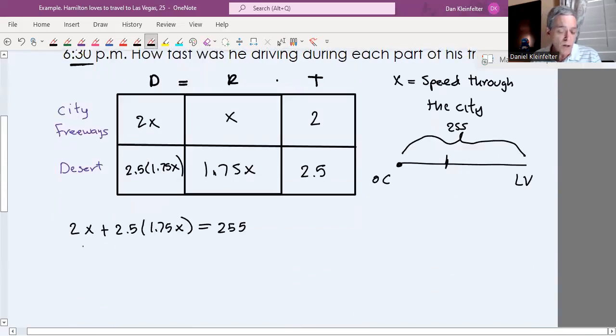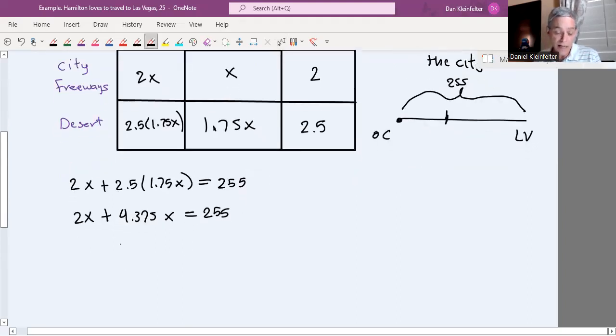Okay, so then let me do a little calculating. So we need 2.5 times 1.75, and that's 4.375. Okay, we'll combine like terms. The setup on these is always kind of the more work.